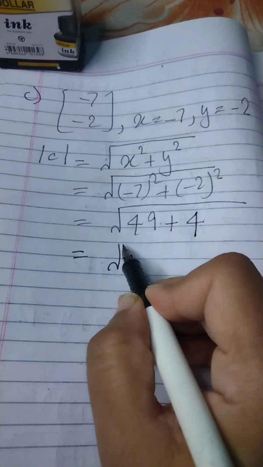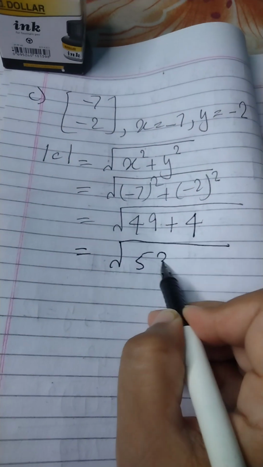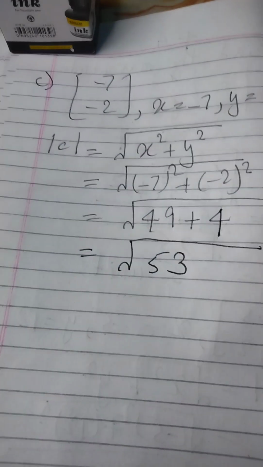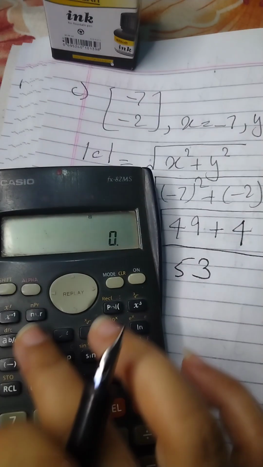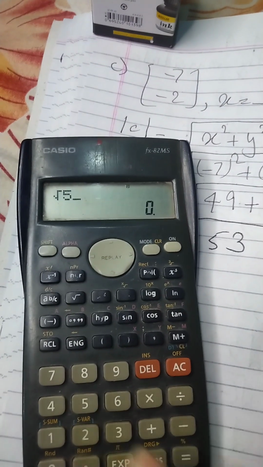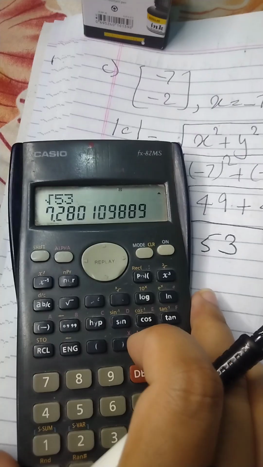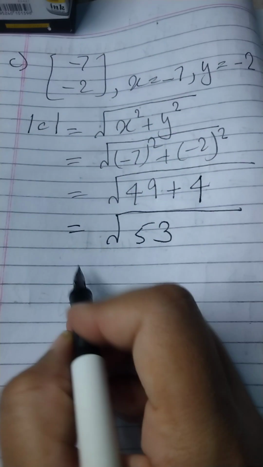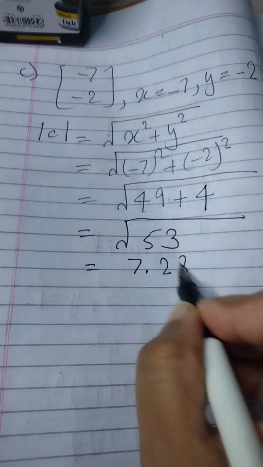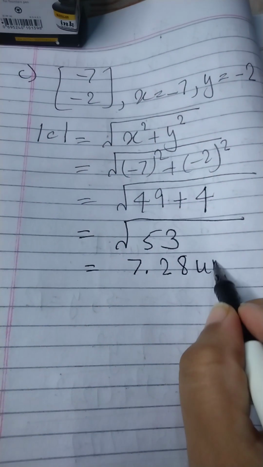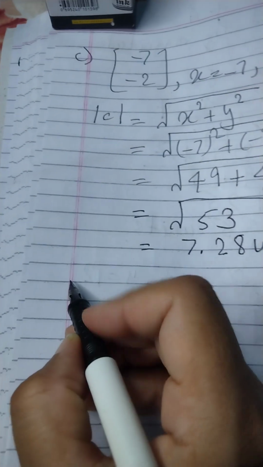Root 49 plus 4 is 53, and root 53 is equal to 7.28 units.